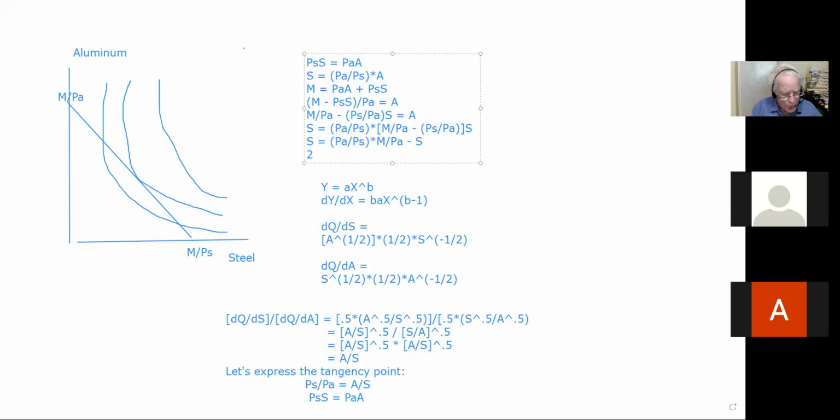Now adding S on both sides, and on the right hand side canceling out the price of aluminum on both sides, we have remaining on the right hand side M divided by the price of steel. And then finally, there is an input demand function for steel. And this is M divided by 2 times the price of steel.